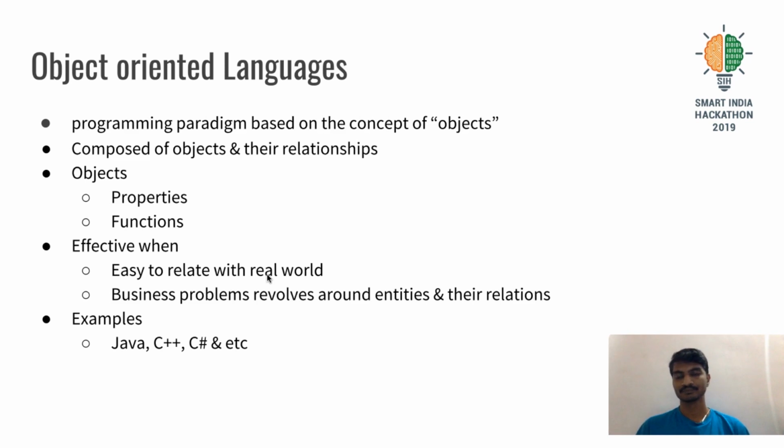So what are the different object-oriented languages available? Starting from Java, C++, C Sharp, and there are a lot of languages available here.